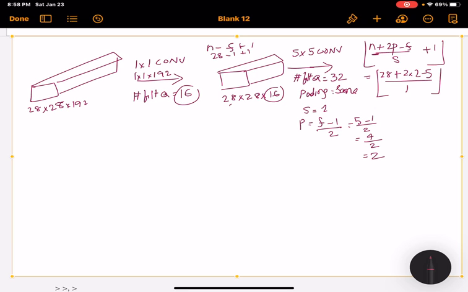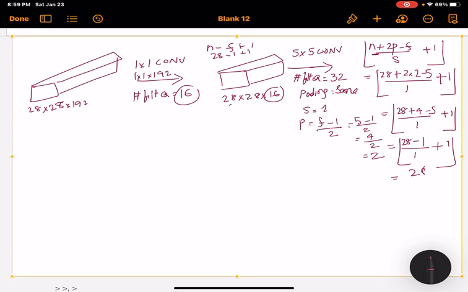plus 1. So that would be equal to 28 plus 4 minus 5 by 1 plus 1, which is equal to 28 minus 1 by 1 plus 1, which is equal to 27 by 1 plus 1, which is of course 28.